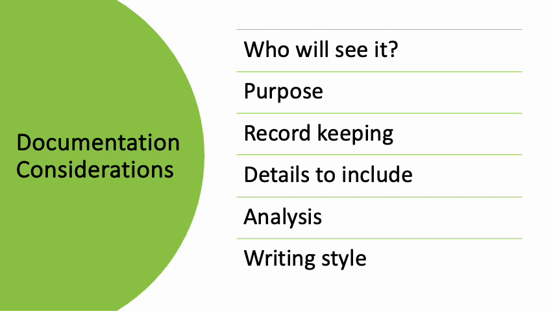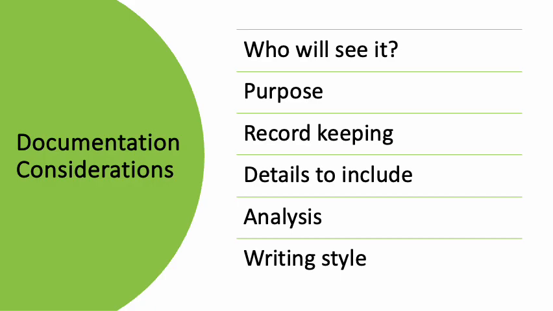Observations often will require an analysis of why are we observing that? What did we notice? What else goes with those observations? And then our writing style that we're going to use when we are documenting anything is we need to make sure that it is in a formal style that actually matches to those ideas of who will see it, what is the purpose, and how we're going to keep those records.